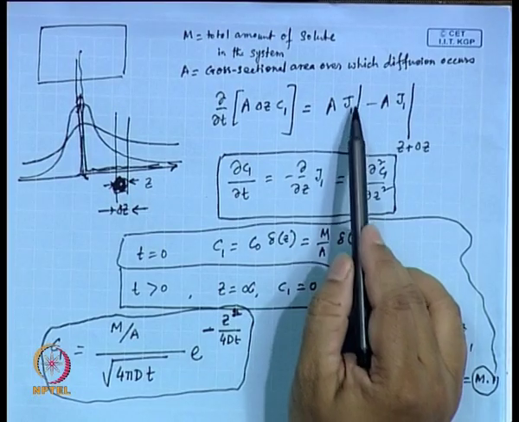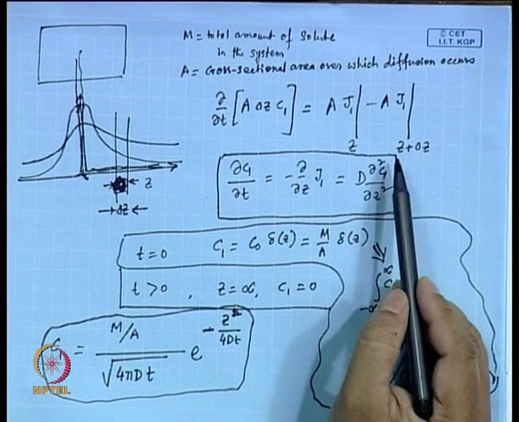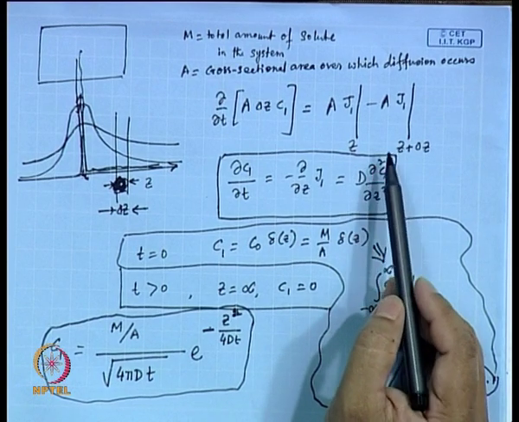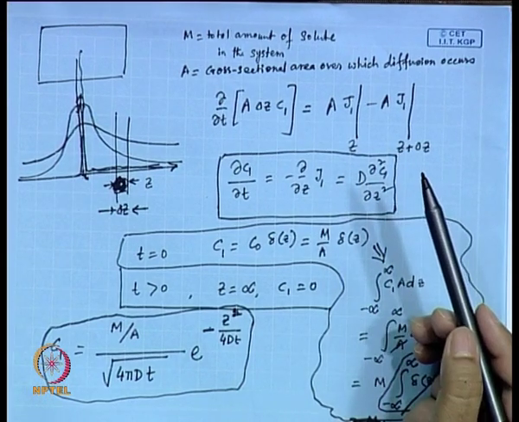Just the way we describe heat flux or energy flux, by the same method we can talk about mass flux, or molar flux, and these terms J1 at z or J1 at z plus delta z are basically that molar flux. Just the way for heat transfer, flux is proportional to the temperature gradient, similarly for mass transfer, the molar flux is proportional to the concentration gradient.